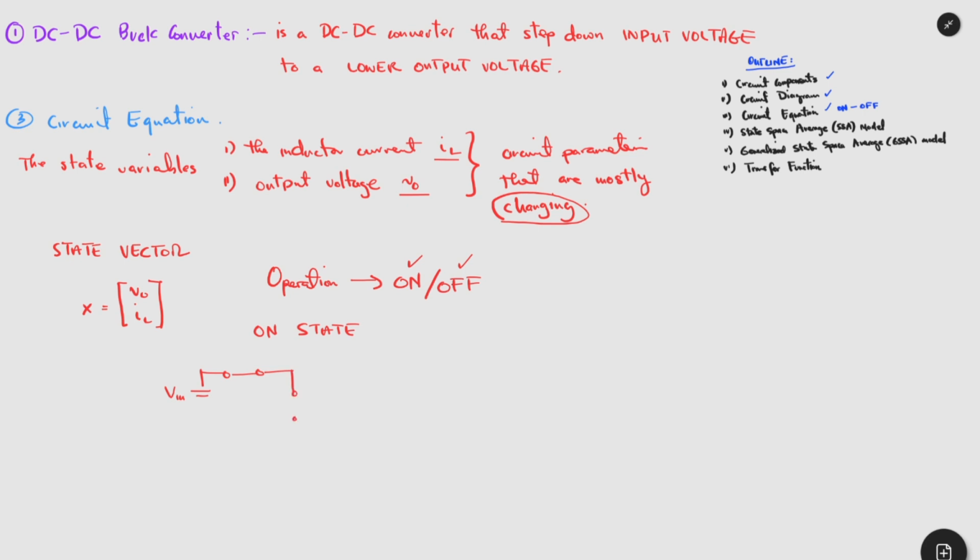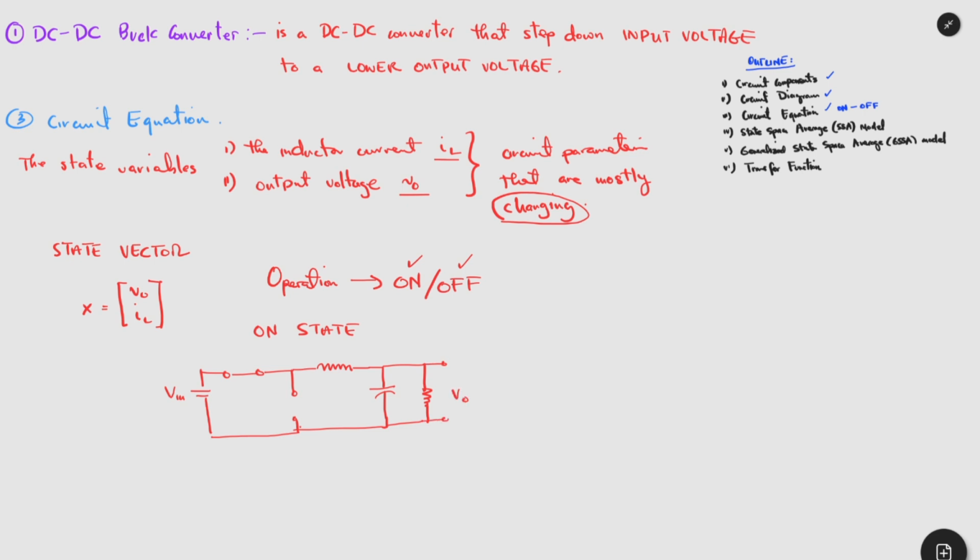When the switch is closed, what will really happen? The inductor will have a connection such that it will conduct, and all this current will be stored inside a capacitor and then released to the resistor, and we have the voltage output.